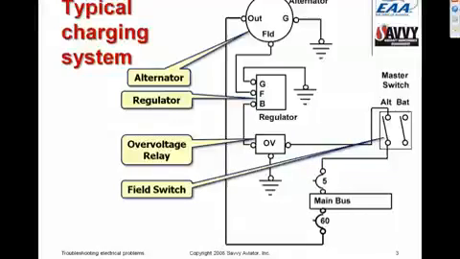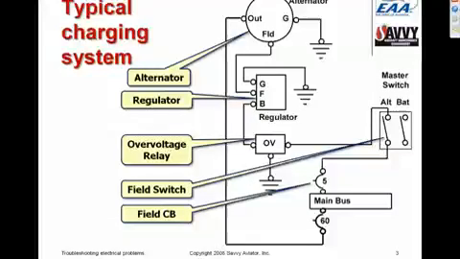An alternator field switch for turning the alternator on or off. In some aircraft, it's a split master switch that's combined with the battery switch. In other aircraft, it's just a separate switch. A circuit breaker, a field circuit breaker, or in some cases a field fuse that provides protection for the field circuit.